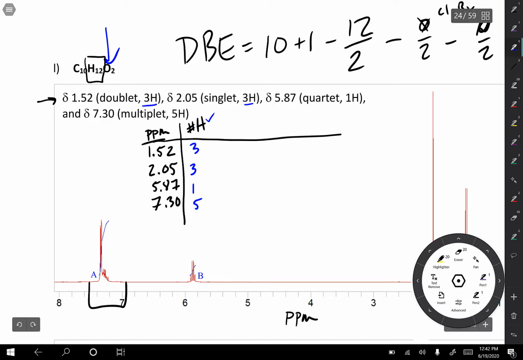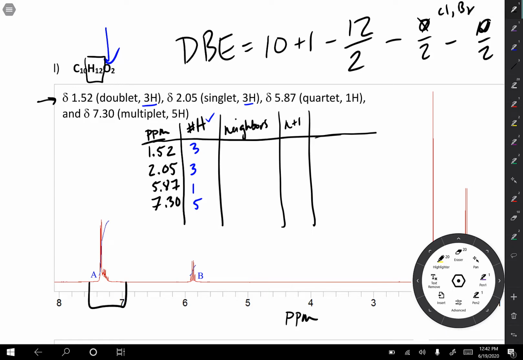Now what I want to do, though, is also list the number of neighbors, okay? I don't know this right now, but I will. What I do know is the splitting.